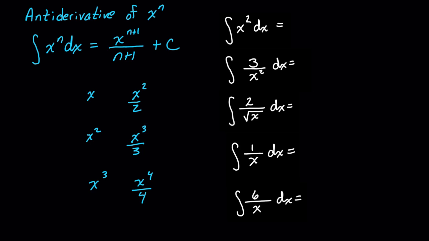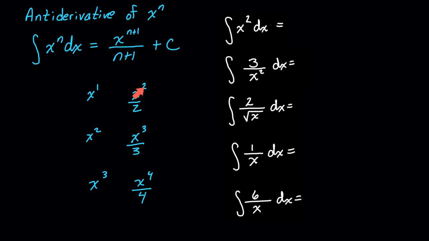Now, what I want you to do is just a little inductive reasoning right here and looking at your patterns. So this exponent started with a 1 right here. Now, how does this exponent right here compare to this one? It's always 1 larger, which means to find your antiderivative, you're going to add 1 to that exponent.